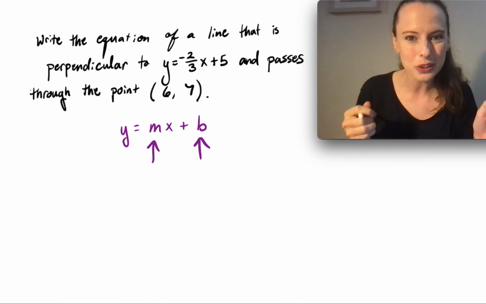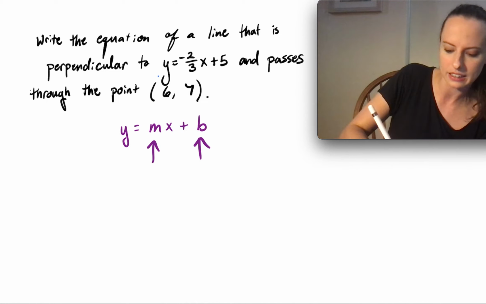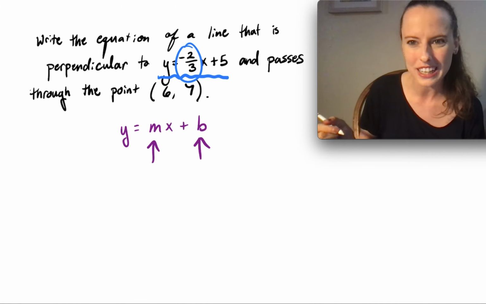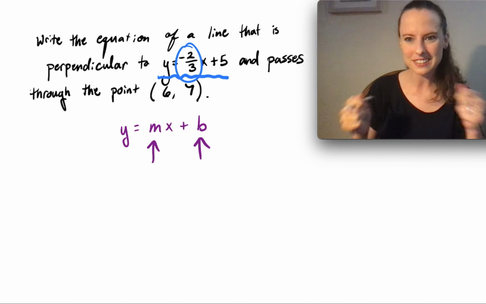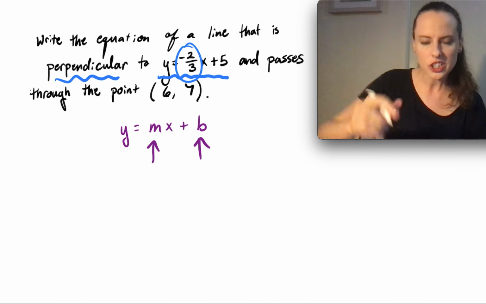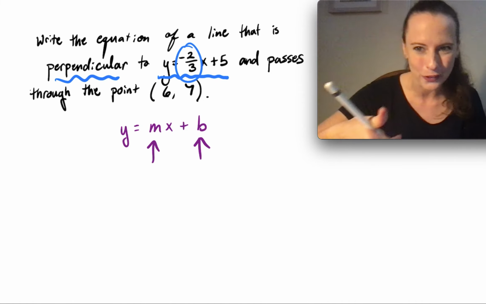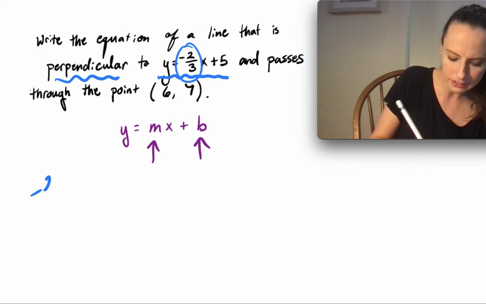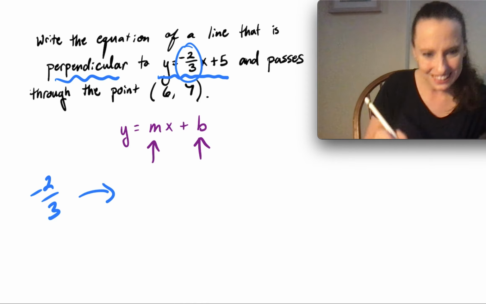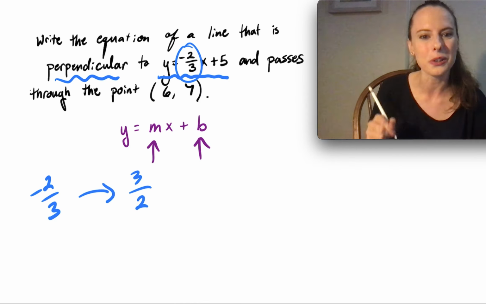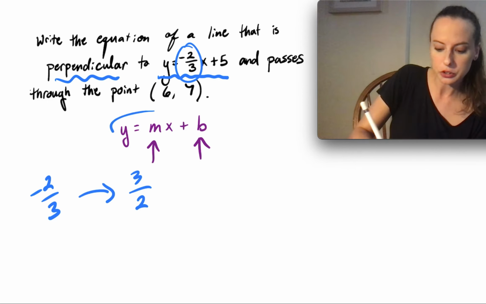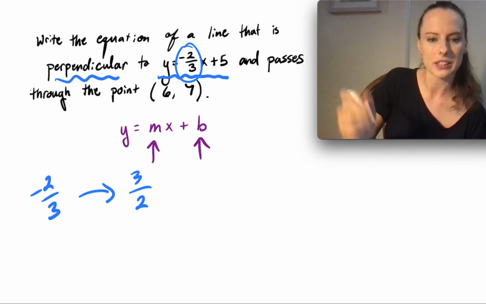Now, we've got a clue here because we know that the line that's perpendicular has a slope of negative 2 over 3. Well, if the two lines are perpendicular, then that means that our other line should have an opposite reciprocal slope. So the opposite reciprocal of negative 2 over 3 would be positive 3 over 2. So right off the bat, we know that in our new line, the slope is going to be 3 over 2.